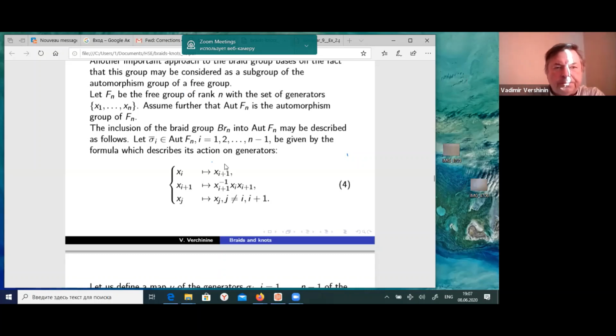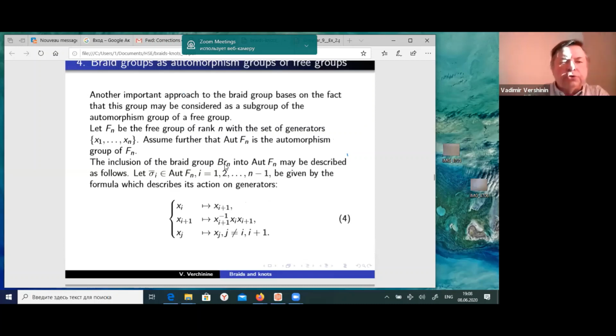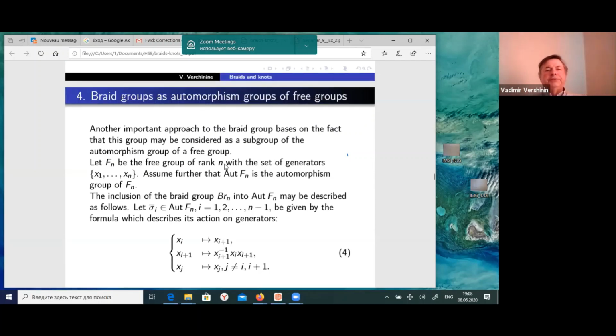So the braid group also has an interesting interpretation from the point of view of pure algebra. Let Fn be a free group of rank n. It means the free group on n generators, right? Let us consider the group of automorphisms.